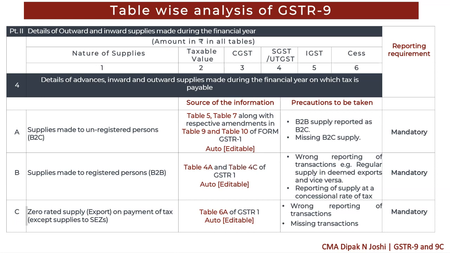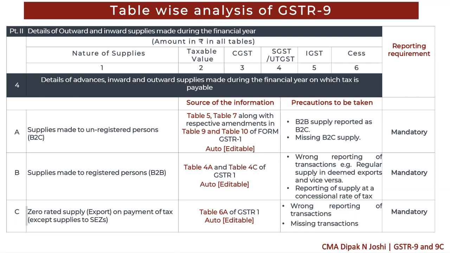You should not directly add such a transaction in the B2B category of GSTR 9. You should amend that transaction first in table 9 of GSTR 1 from B2C to B2B. In case of any missing liability, you should report all those missing liabilities in the B2C table.